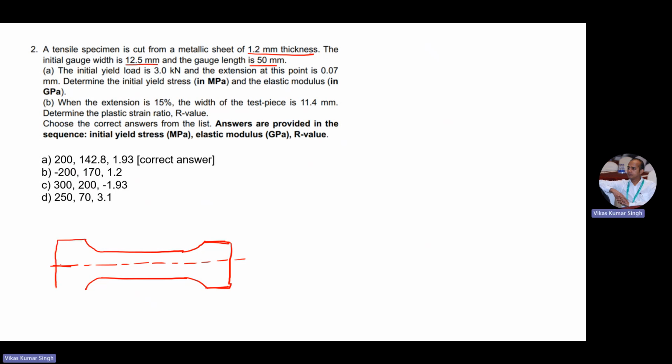Before going to solve this problem, I would like to explain how this testing is done so that it will be clear. So this is the gauge length from here to here. I am just considering L naught, and thickness is also there. So we can make it a little thicker like this.